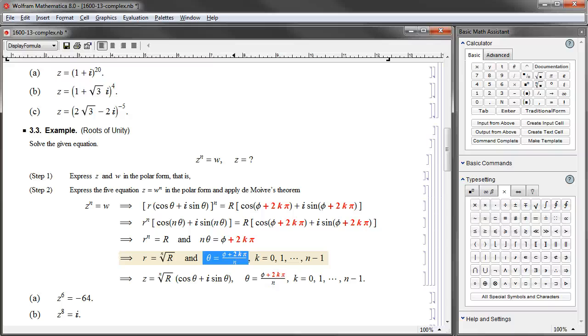You have to plug in k equal to 0, 1, 2, all the way up to n minus 1. If you plug in n, that's going to be the same as plugging in 0, because 2n pi over n is the same as 2 pi. So with a 2 pi revolution, we come back to the same place.